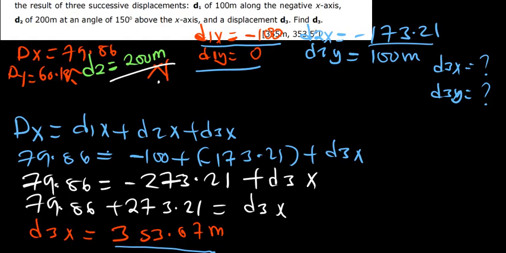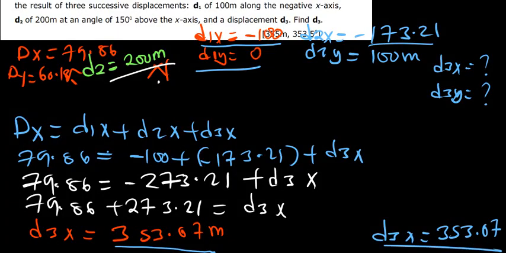But I need also to find the y component, then I find the magnitude of d3. So I'll put it here. d3x is equal to 353.07. I'll leave it there. Now I can also get rid of everything here. But before we go to y, if you have got any question, you can ask. Any questions so far?